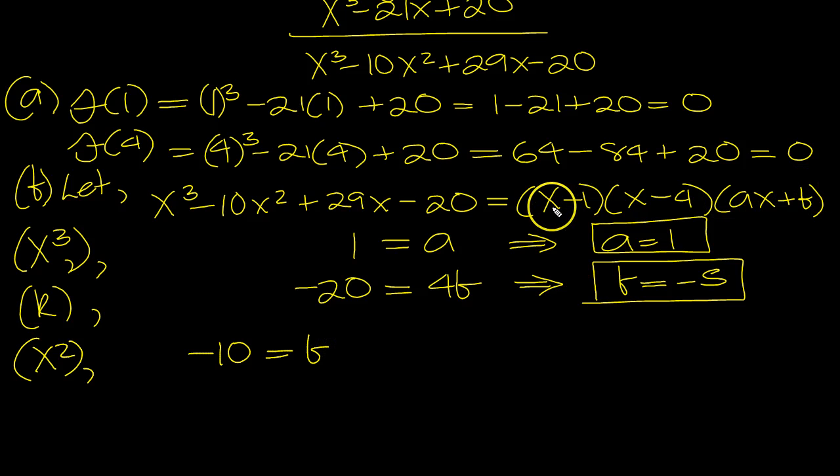And then the other x squared would come from just the x terms in this bracket. So minus 4 minus 1 is minus 5x, times the ax is minus 5a. Now b minus 5a is minus 5, minus 5 times 1 is minus another 5, which is minus 10.